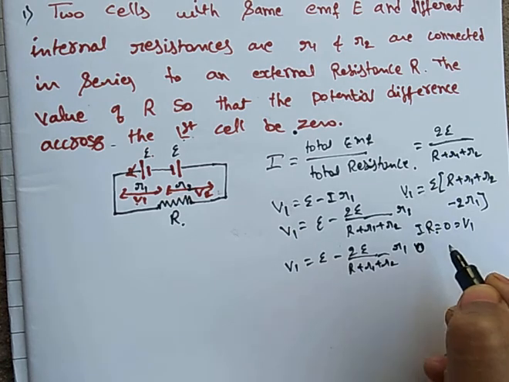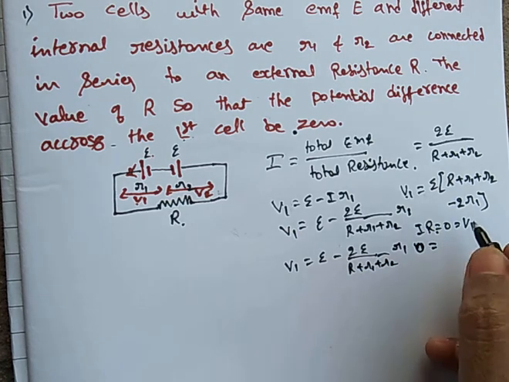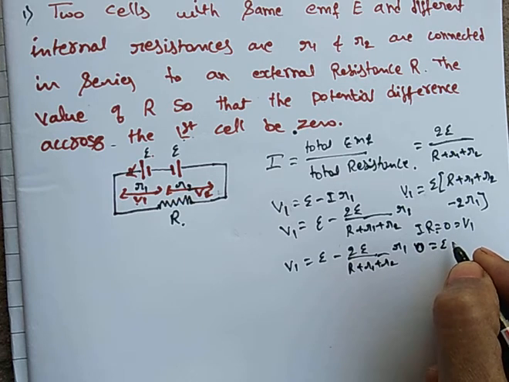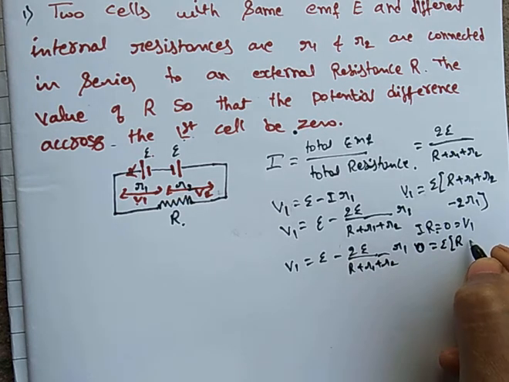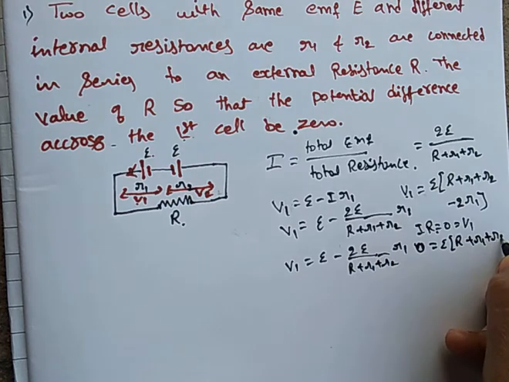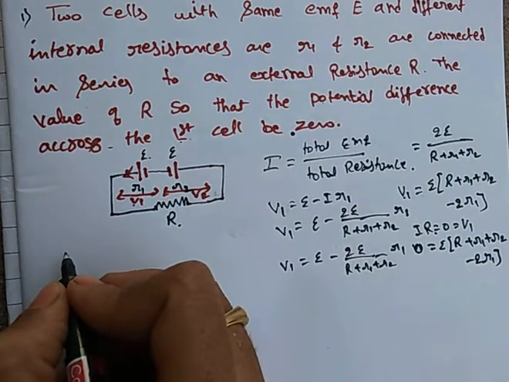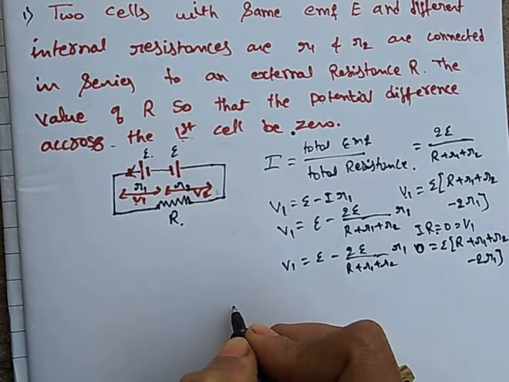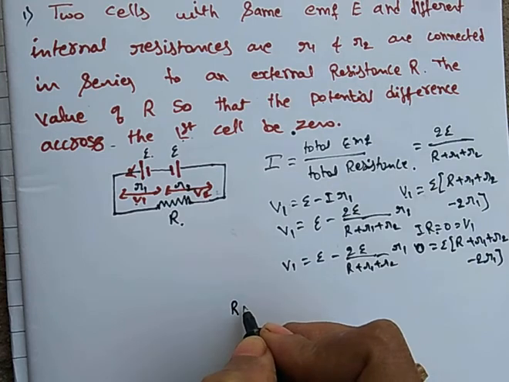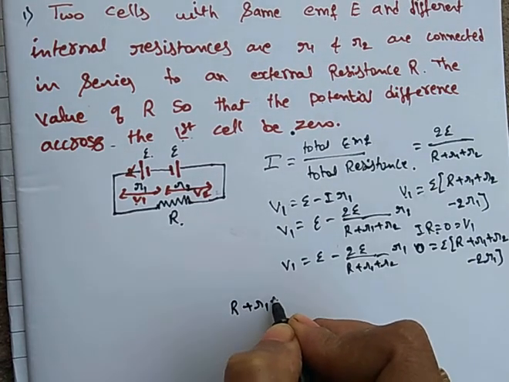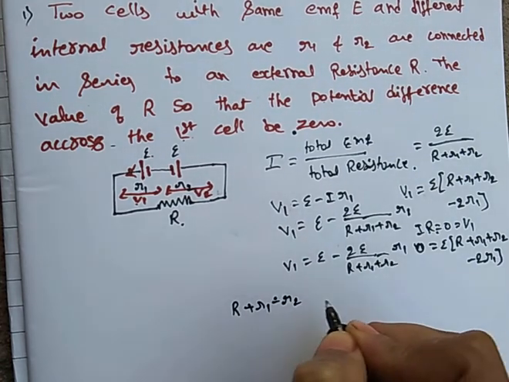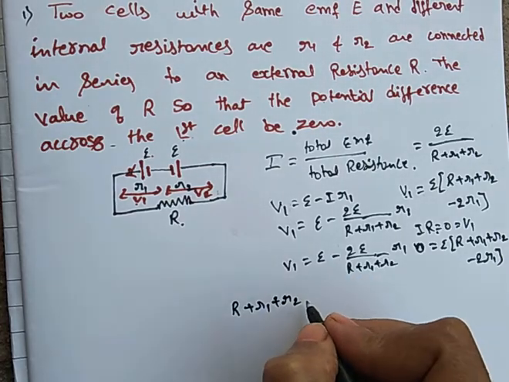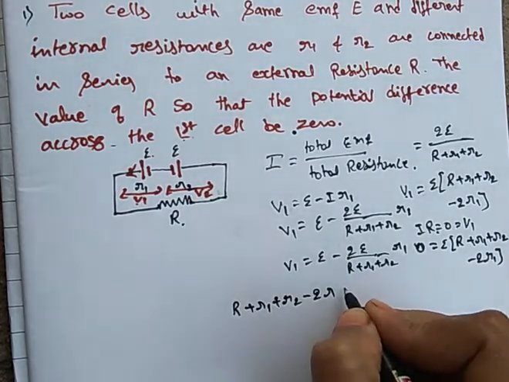That is, 0 equals epsilon times R plus R1 plus R2 minus 2R1, such that we get R plus R1 minus R2 equals 0.